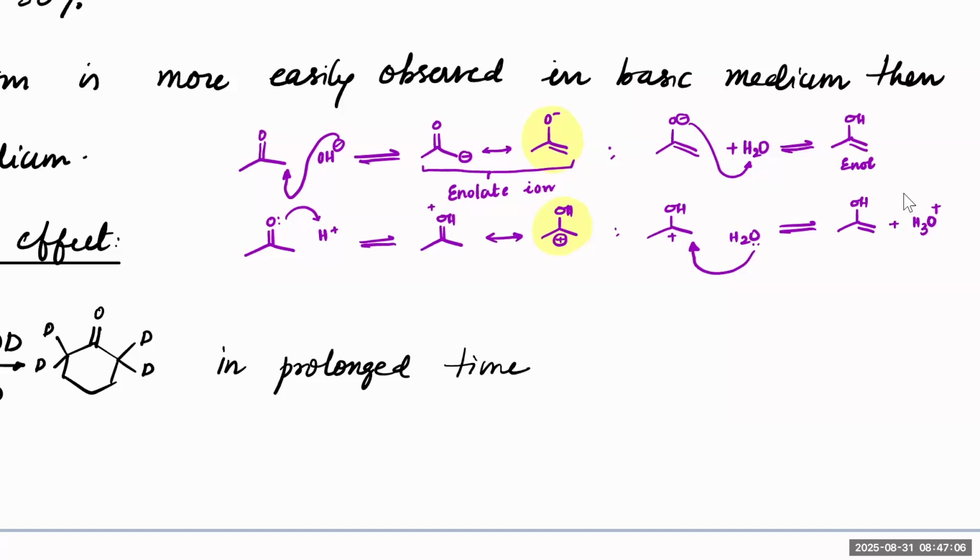Here, the octet is always complete in all positions. Here, the octet is incomplete on this carbon position, isn't it? So if you compare the stability, obviously the enolate ion is more stable. This is factor number one. Now, the second factor is that water as a base can extract H plus from here to get a double bond, but here you are using OH minus to extract the H plus. Which one is a stronger base? Obviously, OH minus is the stronger base here.